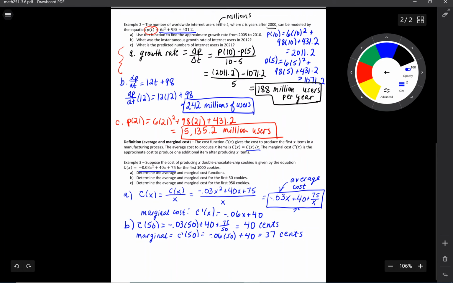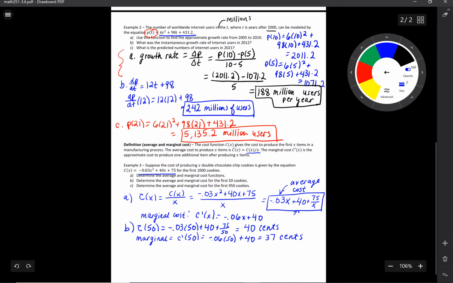All right, and then in part C, we want to determine the average and marginal cost for the first 950 cookies. Remember, our equation is valid for the first 1,000 cookies. So c bar, the average cost to produce 950 cookies, is negative 0.03 times 950 plus 40 plus 75 over 950.